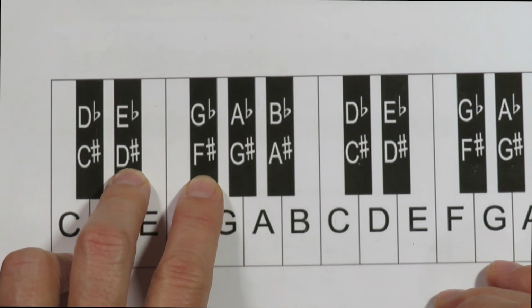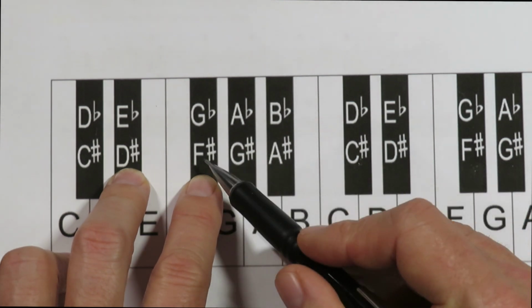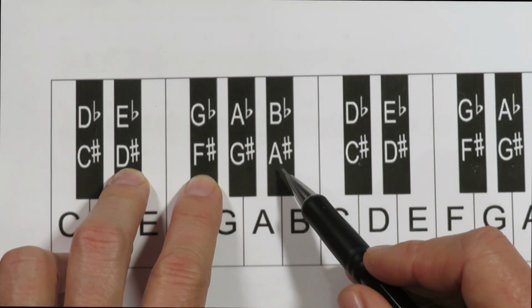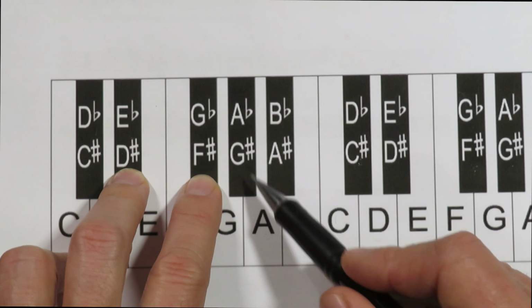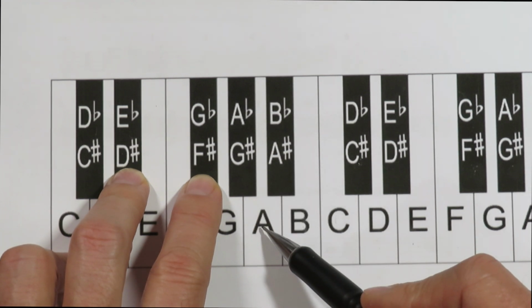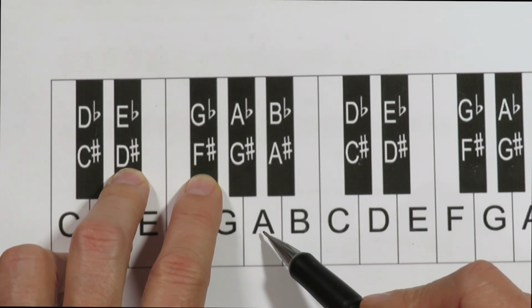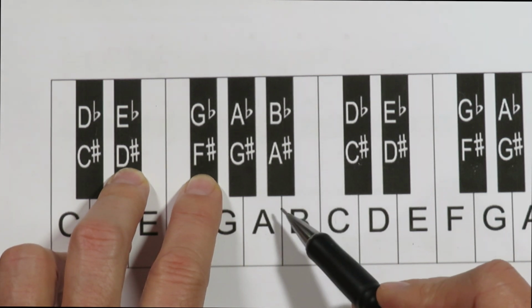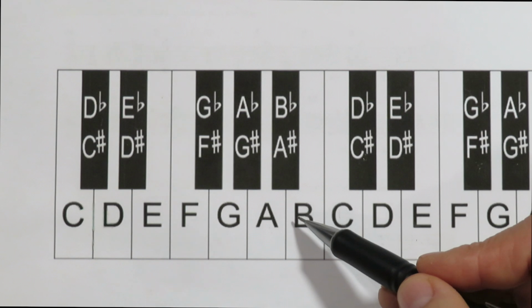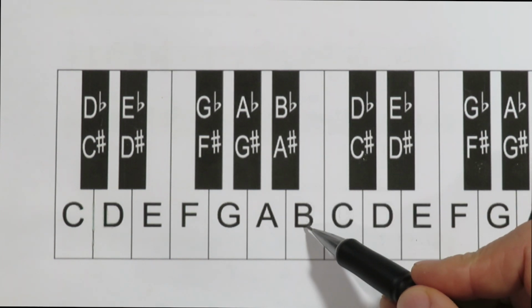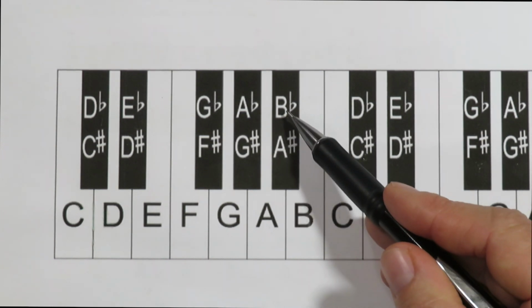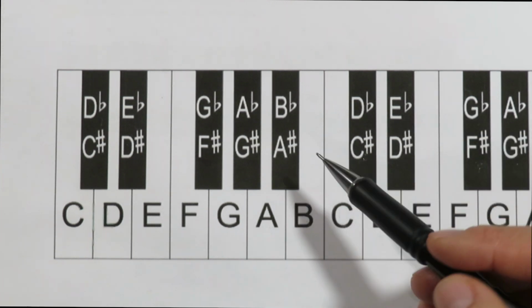Okay, so G flat, 1, 2, 3 half steps to the A. Remember, it's got to be some kind of B, right? So if we start here, here's B, here's B flat, the A would be B double flat.